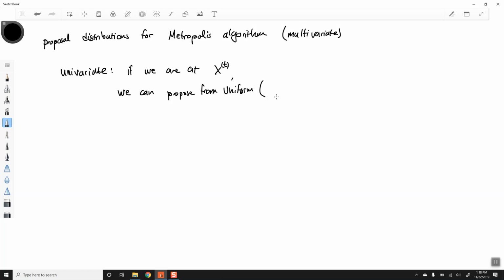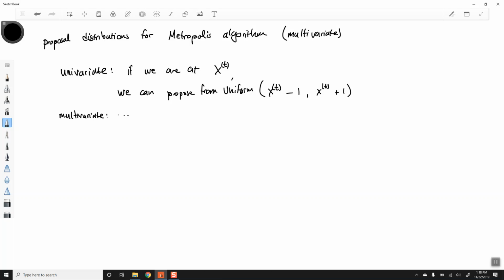And what are the bounds for a uniform? Plus minus some arbitrary value, but sure, 1 sounds reasonable. So xt minus 1, xt plus 1, just some arbitrary thing, right? If we have that for the univariate, the multivariate is going to be the same, all right?